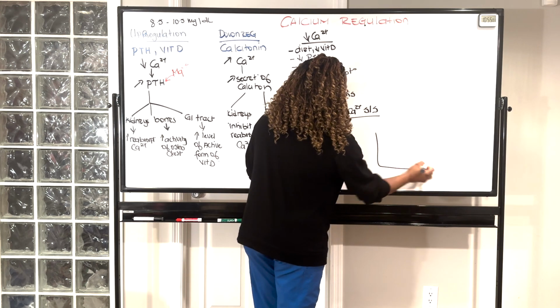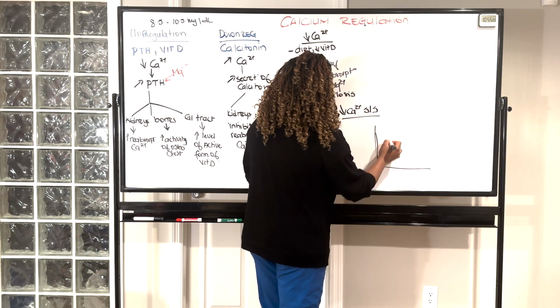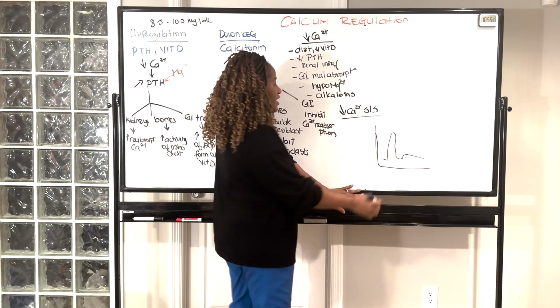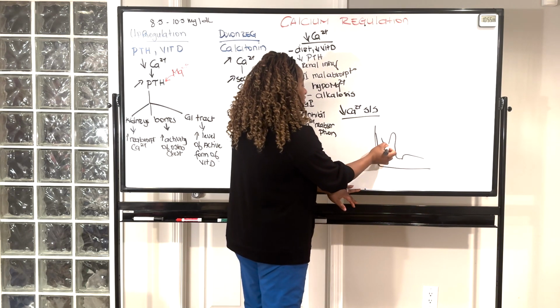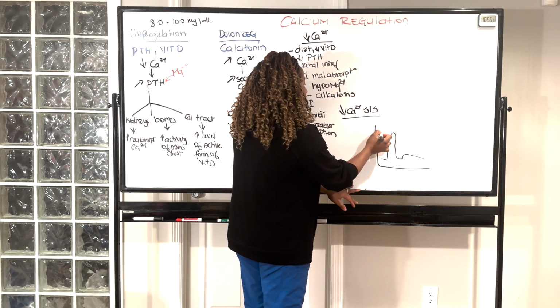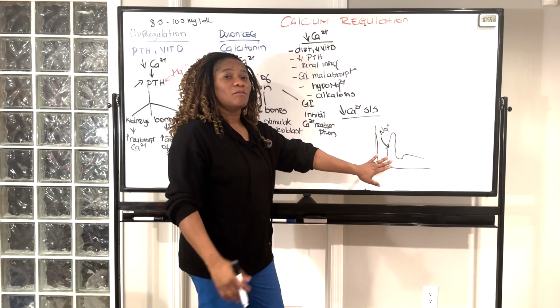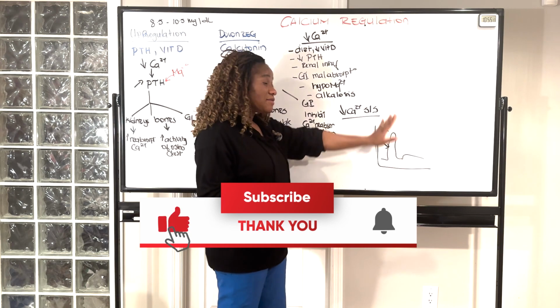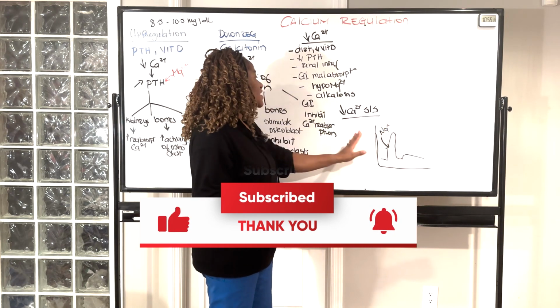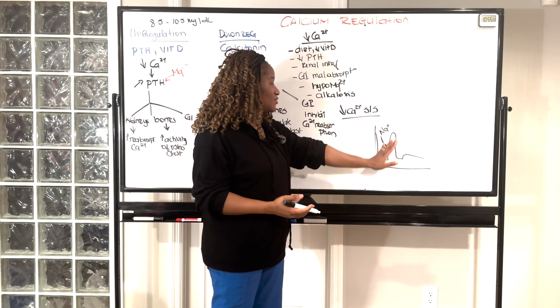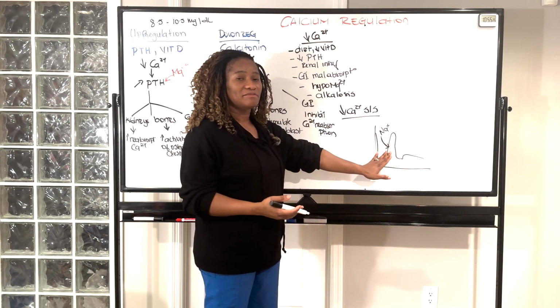So if we have here our membrane action potential right here, and we saw that at the depolarization phase, this is the phase where calcium enter, making the cell more positive and depolarizing the cell. So calcium inhibits this sodium from entering into the membrane.